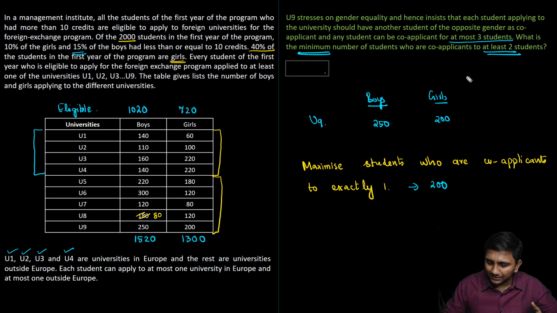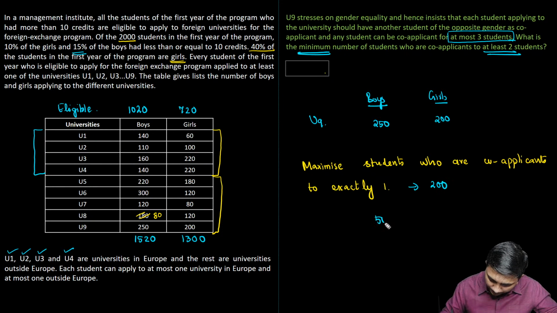So what I would do is, when I'm going to assign a girl another boy as co-applicant, I will make sure that I reach the maximum possible co-applicants she can have, which is 3. So some of these girls are going to have 2 more extra co-applicants. Now, how many such applications are there right now? There are 50 boys who don't have co-applicants right now, and each girl is going to be assigned 2 more co-applicants.